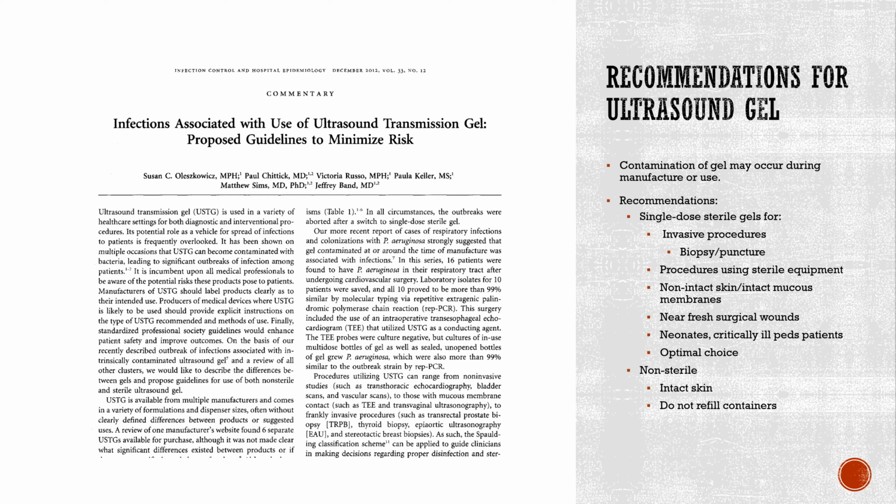What you'll often find is that multiple departments are using multiple different types of ultrasound gel sources. Some may be using sterile, some may be using bottles, and some may still be using bladders.